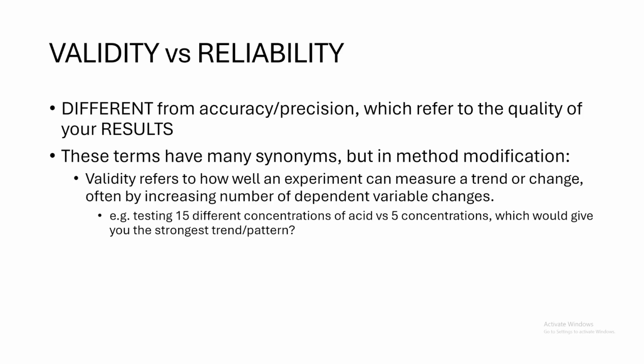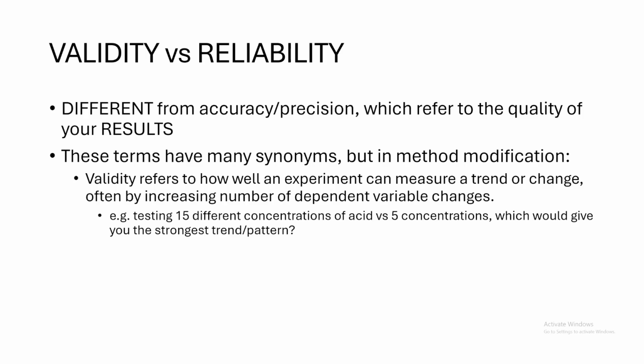So if you're measuring the change in concentration of acid, and you're measuring how that affects reaction rate, for example, which number of concentrations tested would give you the strongest trend or pattern? It would be 15 different concentrations instead of 5 different concentrations, right? Because that gives you a bigger picture, and you see the trend and how it establishes itself on a grander scale.